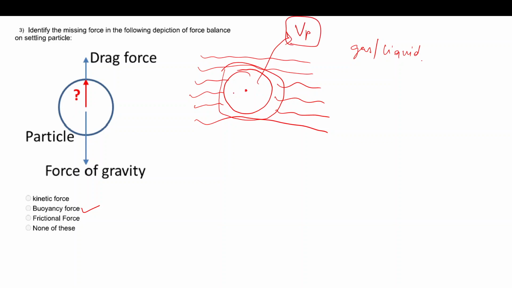So it means that an equal amount of volume of that fluid has been displaced by this particle. So in that case, for displacement, there will be some force required to displace that.